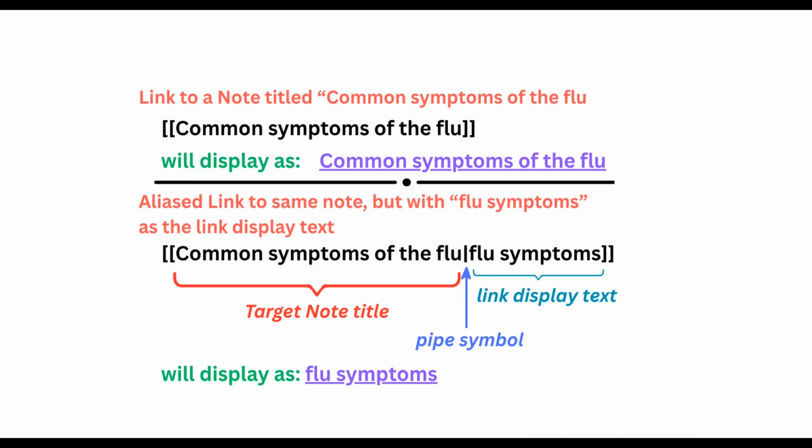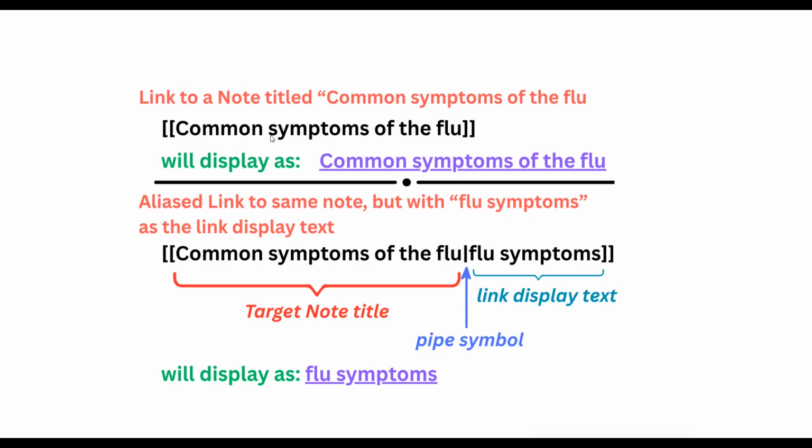When you create the link to this note, you place a pipe symbol, that's the vertical bar, directly after the note's title, and then you type the text that you want displayed for the link. In this example, flu symptoms. You can put any text you want after the pipe symbol. The idea is that you are piping the actual note's title to the alternate text of your choice. So normally we'd create the link as the first part shows. I would type double brackets.